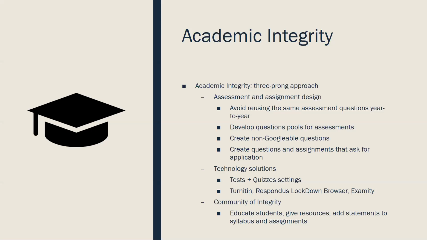A second approach to academic integrity is technology solutions. Again, they're not foolproof, but they are available to help discourage academic dishonesty. So we will look at some of these that are built into Sakai, and this includes tests and quizzes.